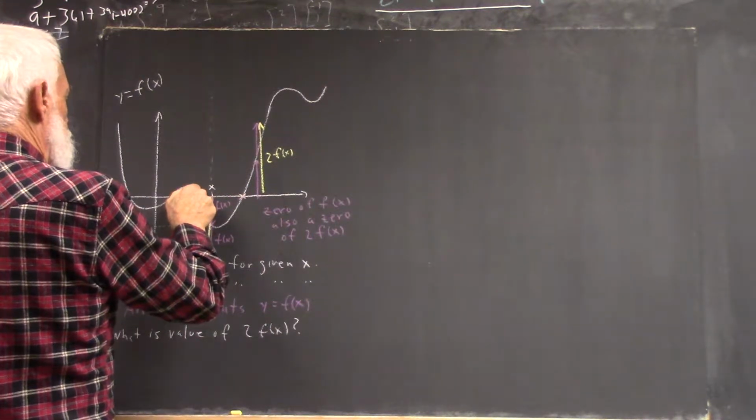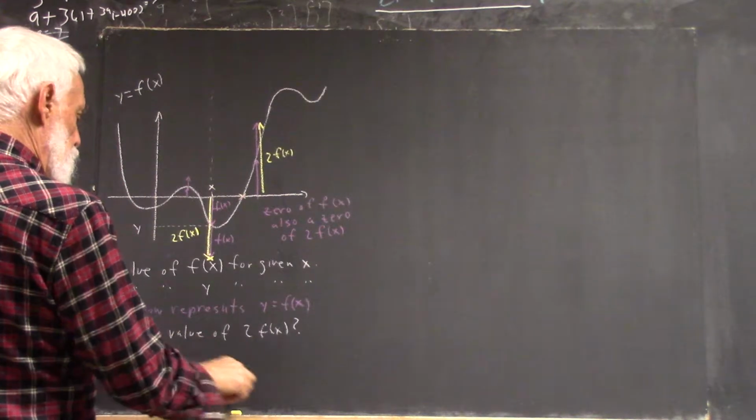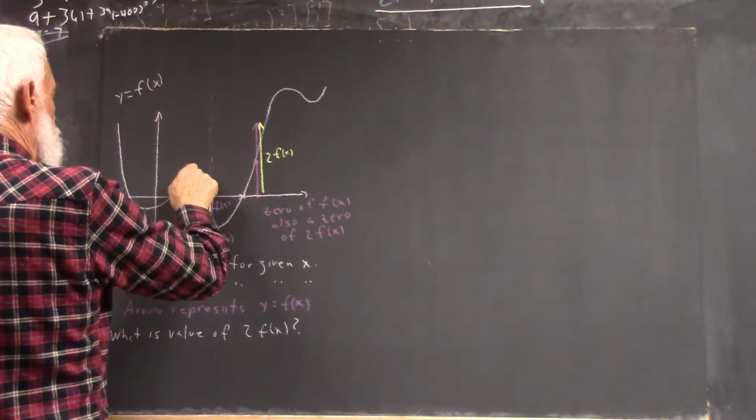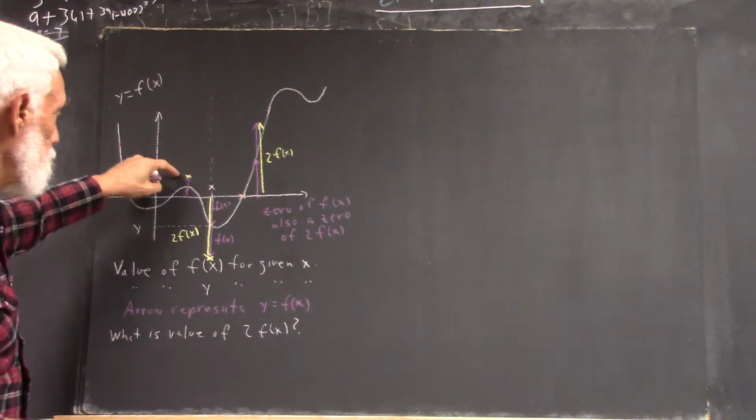I think that's an important point, because it's kind of a peak. So I get this. And I'm not going to draw the yellow arrow. That's going to get kind of messy. I'm going to do a yellow mark there to show that this point is on the graph.